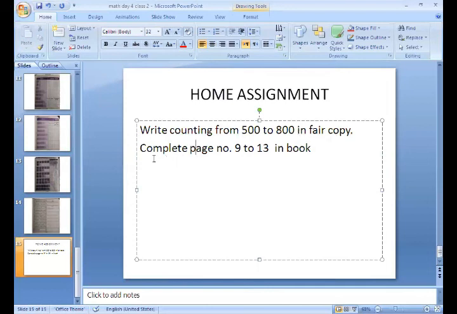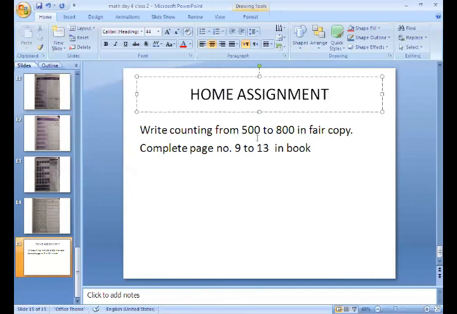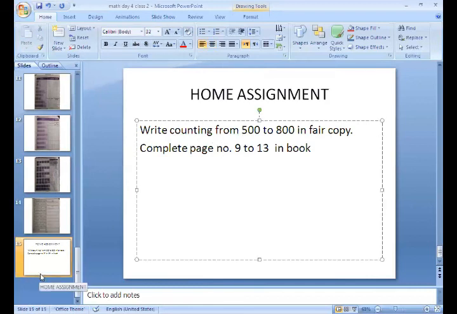And you will also complete pages 9 to 13 in your books. I am telling you again, you will write counting from 500 to 800 in your fair copies. And you will also complete pages 9 to 13 in the book.